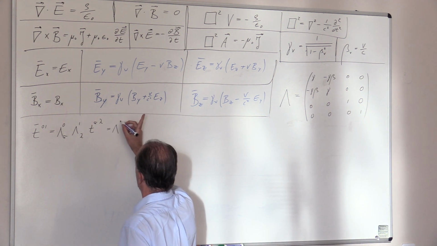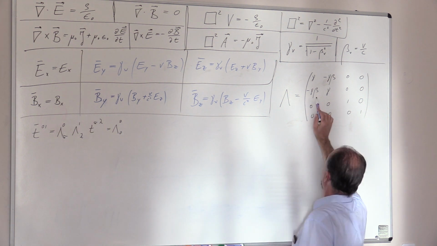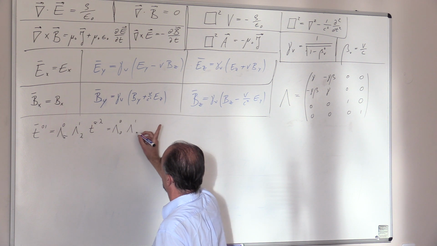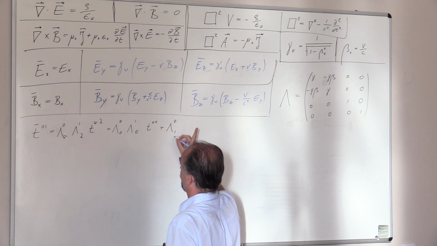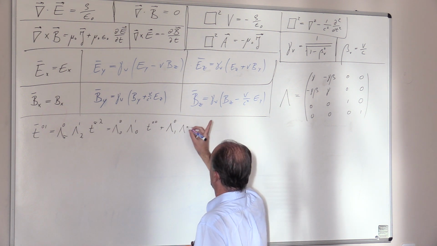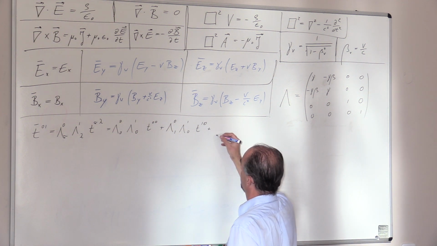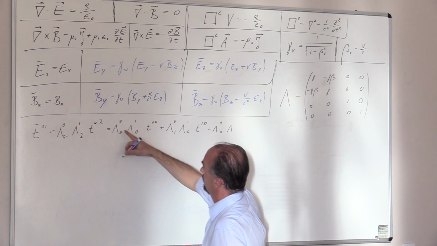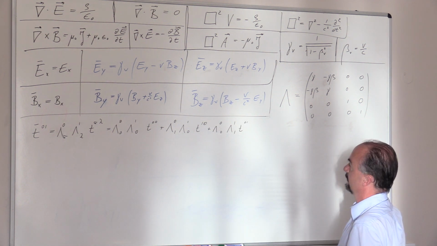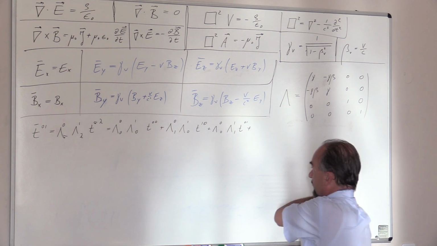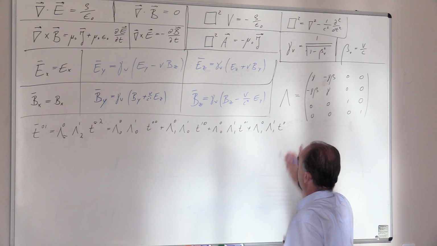And again Λ^1 has only 0 and 1, so we can start with Λ^0_0 Λ^1_0 T00, plus Λ^0_0 Λ^1_1 T01, plus Λ^0_1 Λ^1_0 T10, plus Λ^0_1 Λ^1_1 T11.